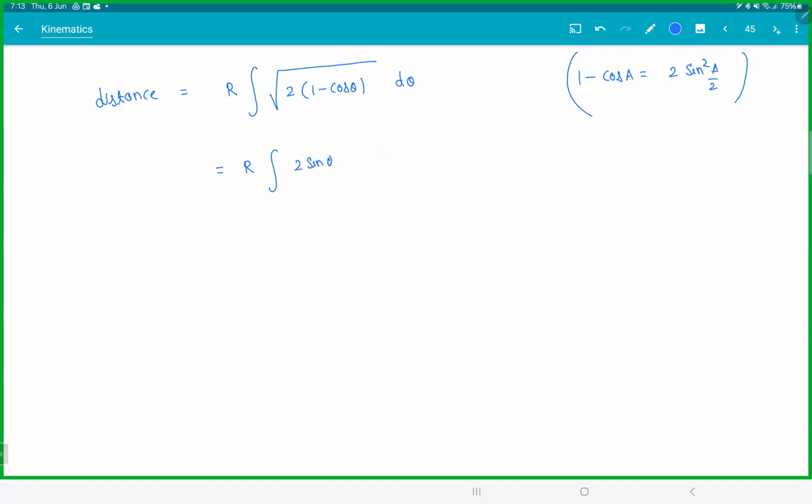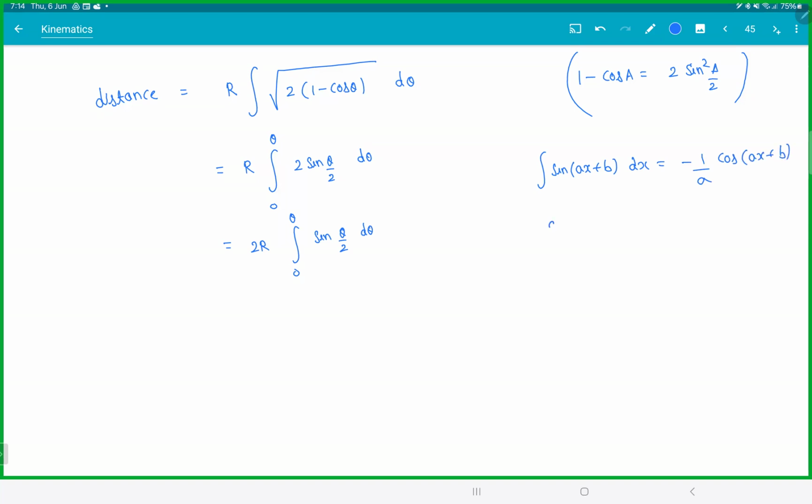This would be 2 sine theta by 2 d theta. So 2r integral sine theta by 2 d theta, 0 to theta. And the integral of sine ax plus b dx is minus 1 by a cos ax plus b.